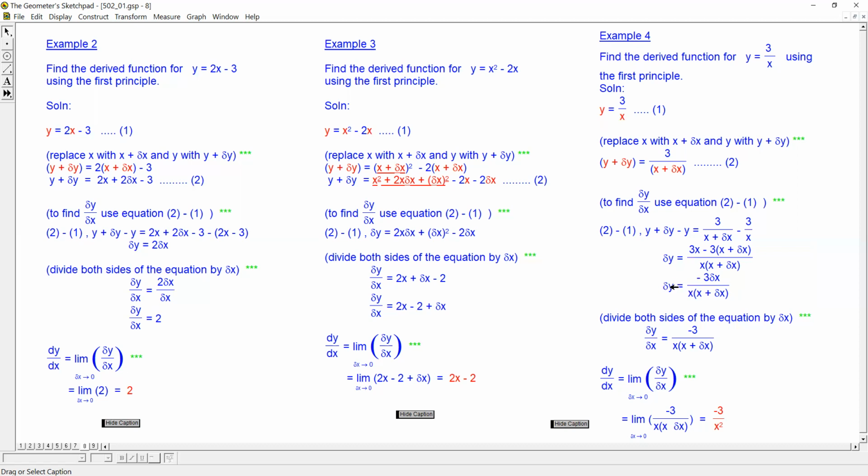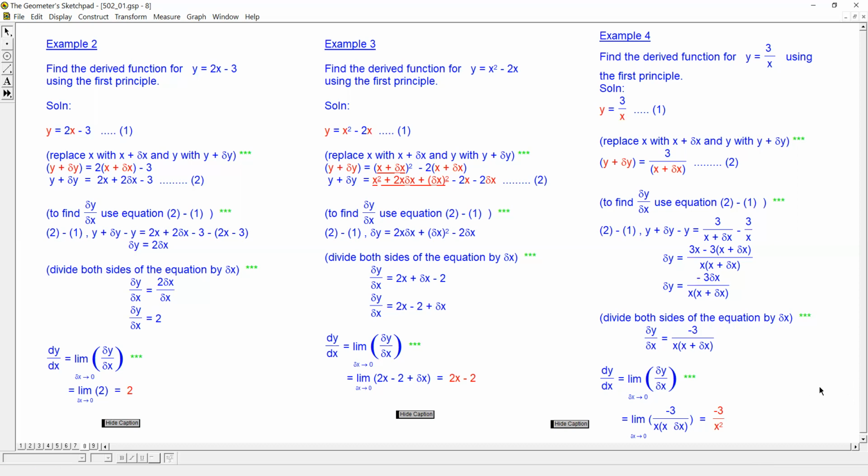So delta y divided by delta x becomes delta y over delta x. This one, divided by delta x, the delta x disappears. So it becomes negative 3 over x bracket x plus delta x. Okay, so this is my delta y over delta x.